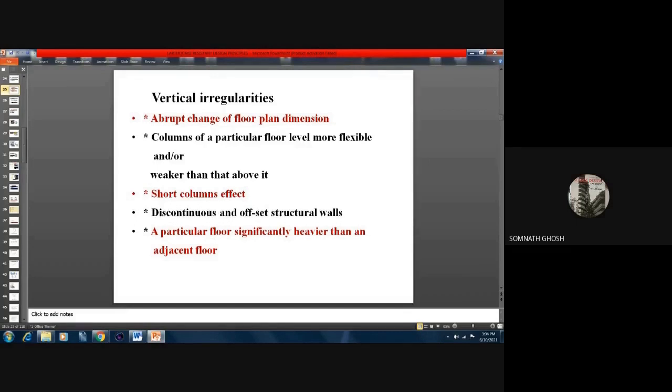Very good. You know it. Short column I have discussed. Discontinuous and offset structural walls also create problems. A particular floor significantly heavier than the adjacent floor. Suppose a particular floor is used for a particular purpose and the load is very high compared to the adjacent floor. That will create a problem regarding this eccentric loading effect.